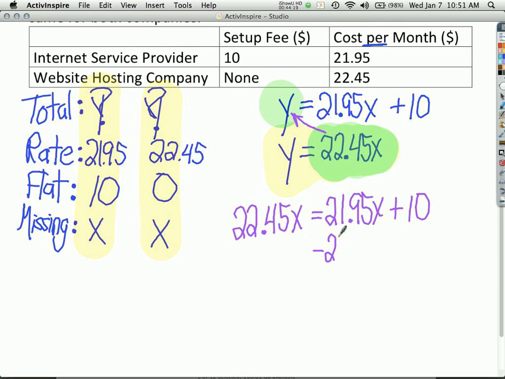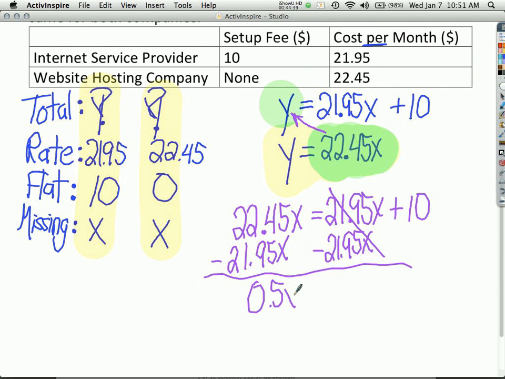Subtract 21.95x from both sides. And so Paige, when you did it, what did you get on the left? I got 0.5x equals 10. Very good.